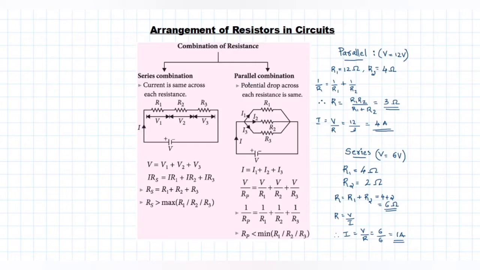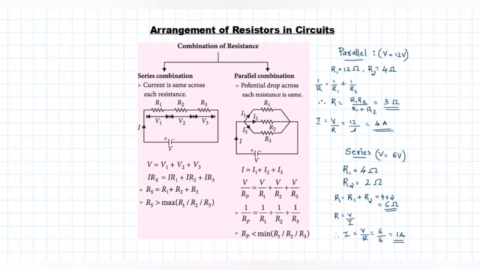So we know that V is equal to IR from Ohm's law, so we can rearrange the equation in terms of V and RP. Here RP is the effective resistance in parallel combination. So we can write V by RP is equal to V by R1 for I1 current, and for I2 current it will be V by R2, and for I3 V by R3.